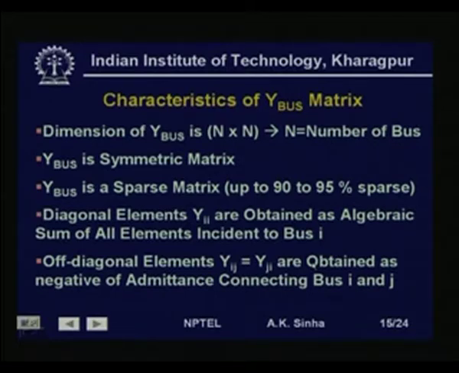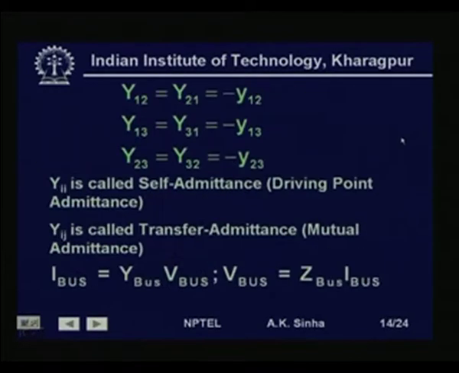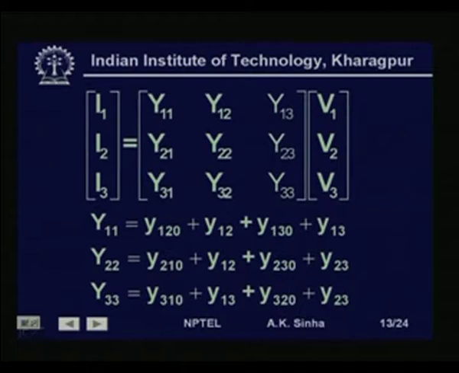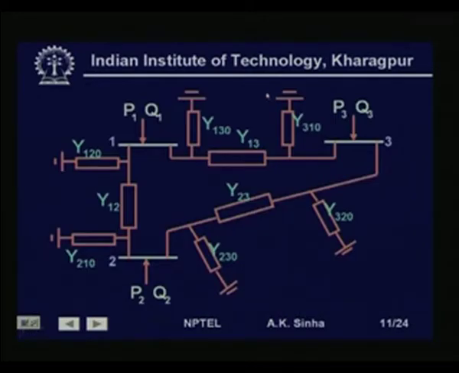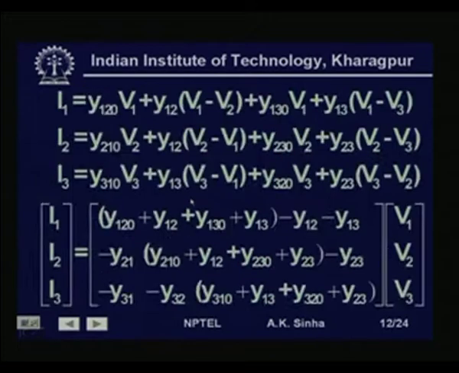So, let us see what are the characteristics of this Y bus matrix. The dimension of this Y bus matrix is n into n, where n is the number of bus bars in the system. If you have a 3 bus bar system, as we had seen here, we will get a 3 by 3 Y bus matrix.